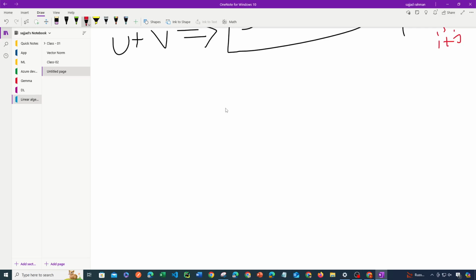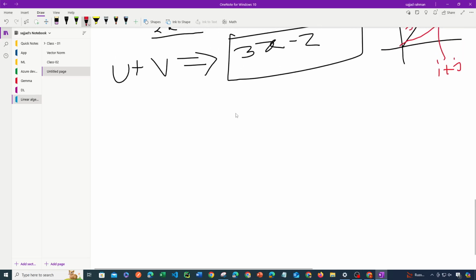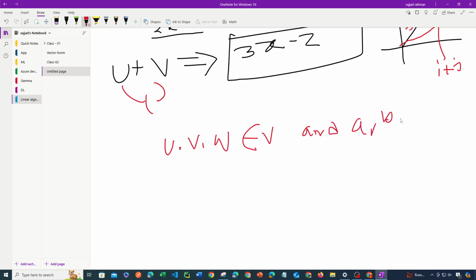So there are some rules, like if we have three vectors u, v, and w, all are vectors, and we consider a and b as the scalar elements.